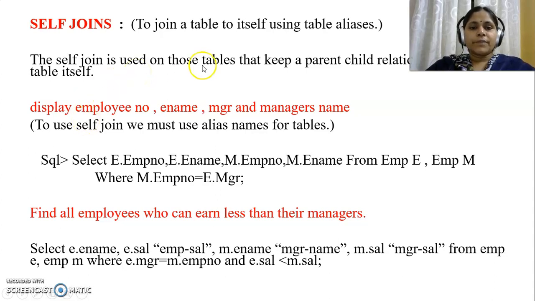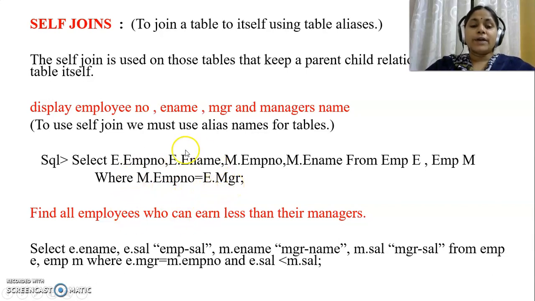Now, how do we use it in syntax: select e.employee number, e.ename, and m.employee number, m.ename. So what are E and M? The same employee table I have used with aliasing. One is EMP E, the other one is EMP M, where the condition is m.emp number is equal to e.manager.